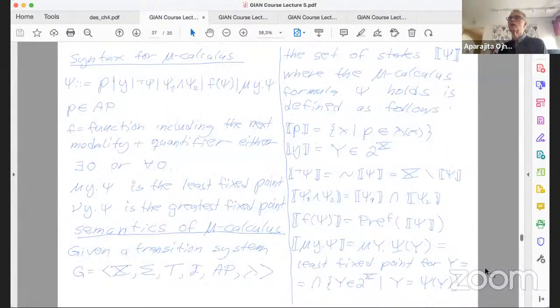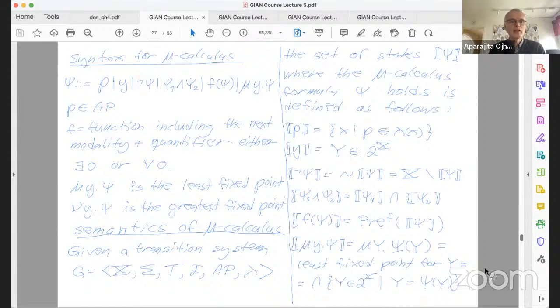And if I want to generate the least fixed point, then my initial value in this iteration is the empty set for this Y variable. While if I'm looking for the greatest fixed point, I start my iteration with all states and go down until I get a fixed point.